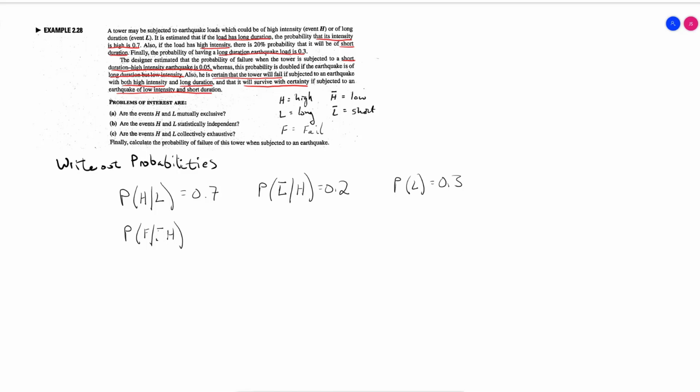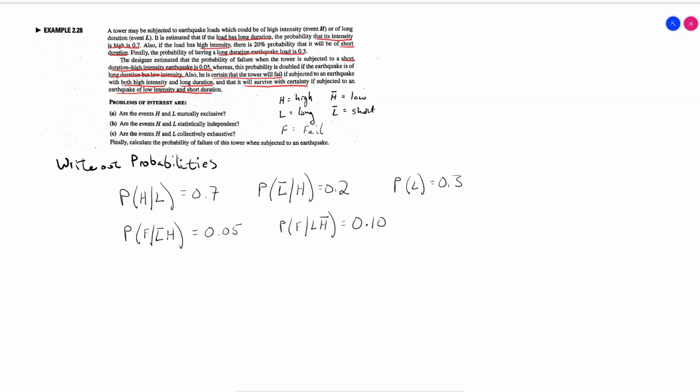Just make sure we all know that's an L right there. So it's short duration and high intensity. That's the probability of failure given that. That's pretty low, 0.05. And let's keep going. The probability is doubled if we have a long duration and low intensity. So probability of failure given long duration, low intensity is equal to double that previous one, so 0.1.